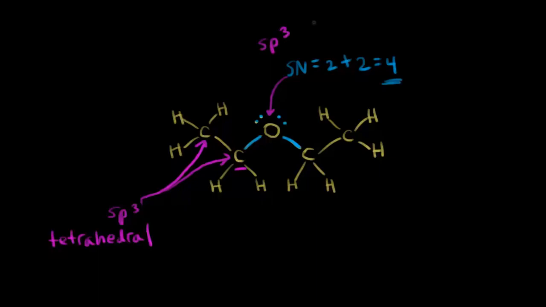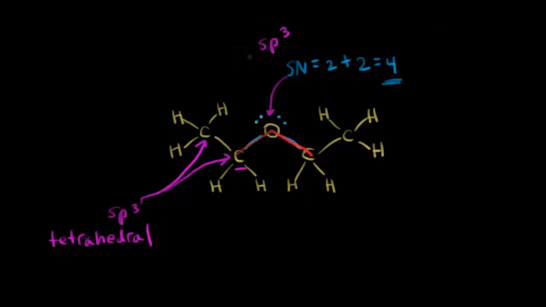All right, let's do geometry of this oxygen. There are 4 electron groups around that oxygen, so each electron group is in an sp3 hybridized orbital. The geometry of those electron groups might be tetrahedral, but not the geometry around the oxygen here. If you ignore the lone pairs of electrons, you can see that it is bent.